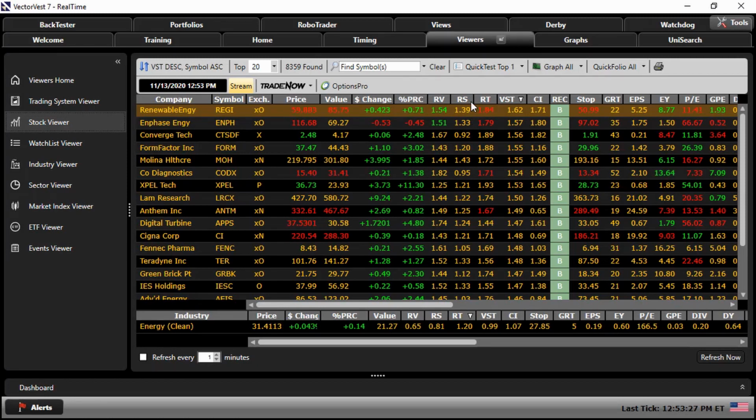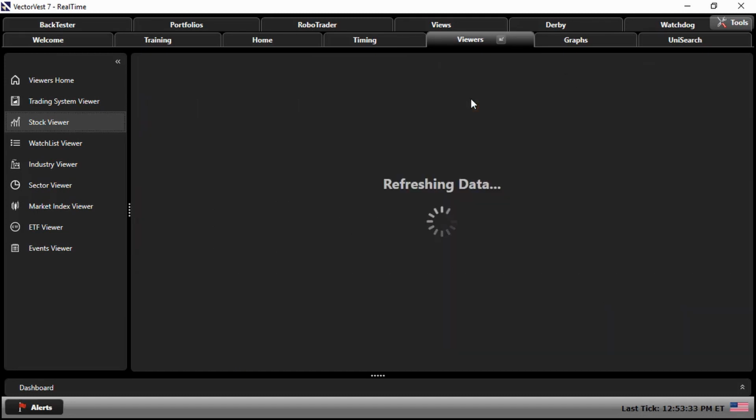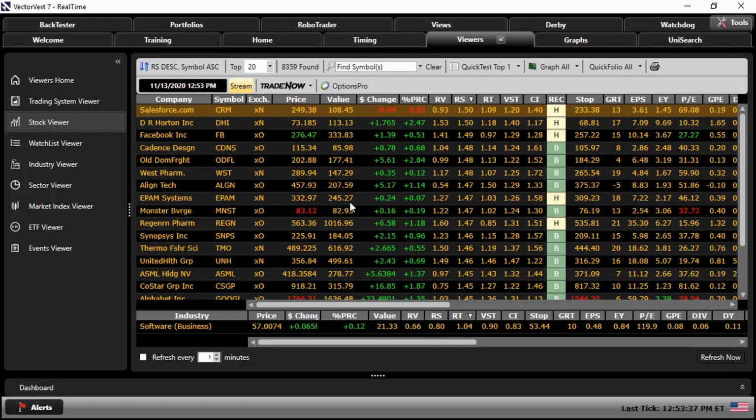Remember, on that scale between 0 and 2, above 1 is favorable, below 1 is unfavorable. Simply click on it, bingo. We've now sorted over 8,300 stocks by relative safety. At the top of the list, Salesforce, DR Horton, Facebook, Cadence. These are stocks that we all know about, but within VectorVest, without having to go through each and every stock, a simple change of the sort will make a difference.